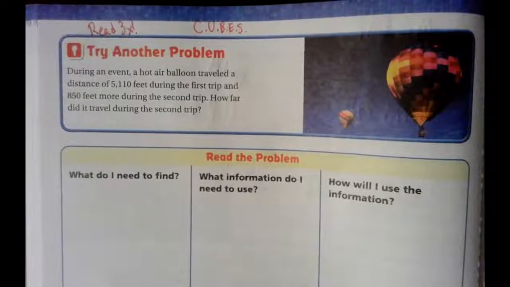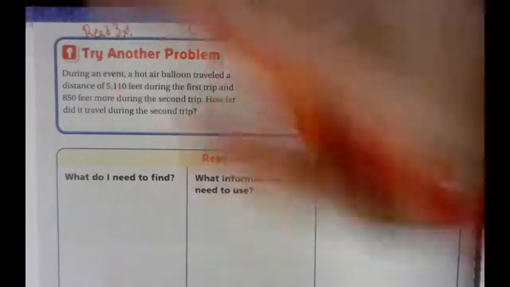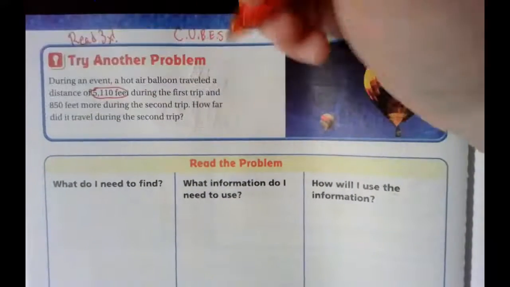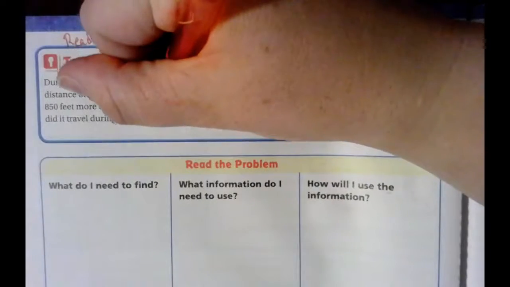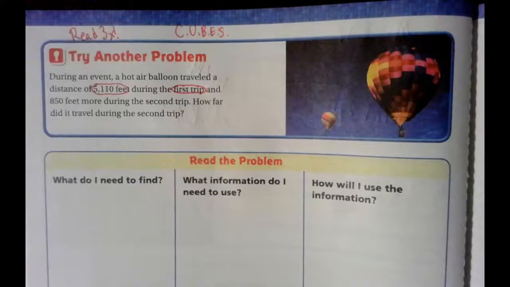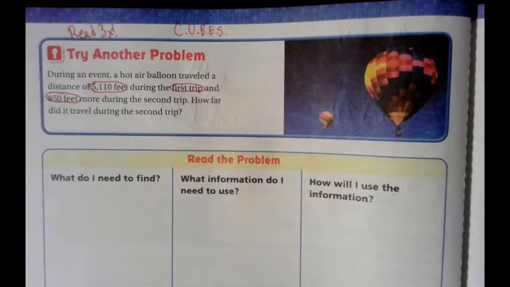During an event, a hot air balloon traveled a distance of, here's the number, 5,110 feet. During the first trip, we can circle that, and 850 feet, there's another number, more during the second trip.